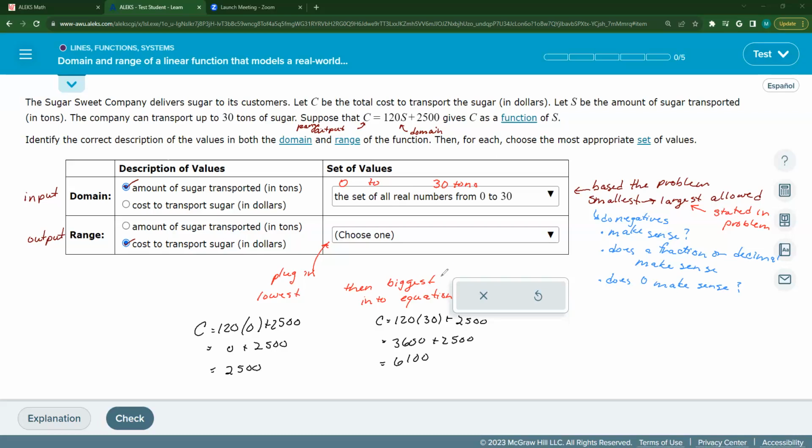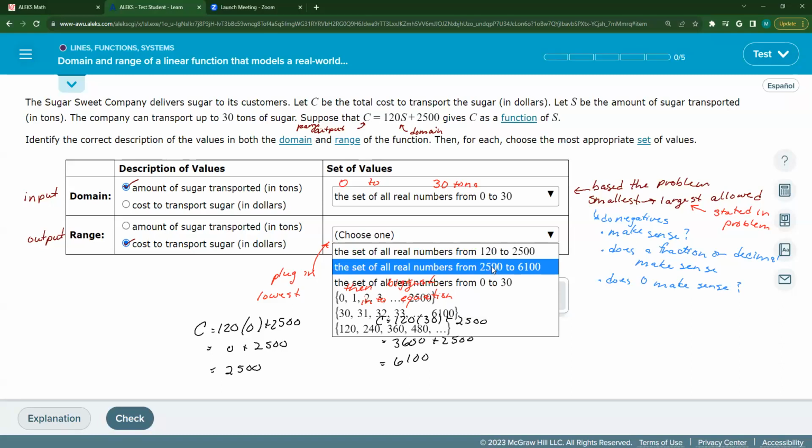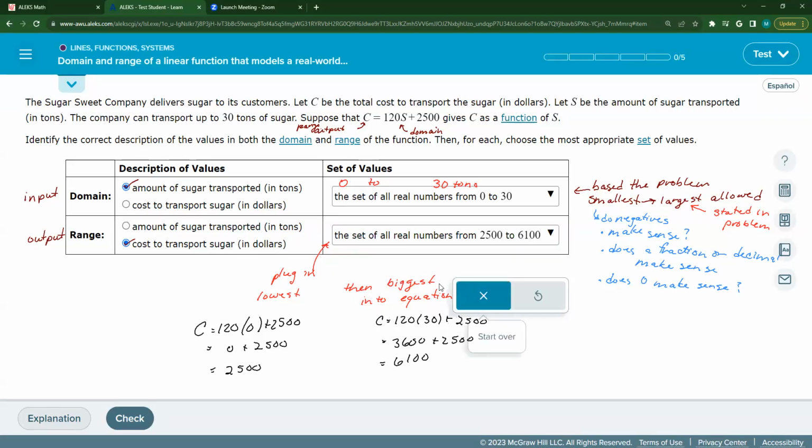All right, so then when I look at my drop down, I should have an answer that goes from 2,500 to 6,100. So 2,500 to 6,100 is this one. I'm going to check my answers. Should be good. So check.